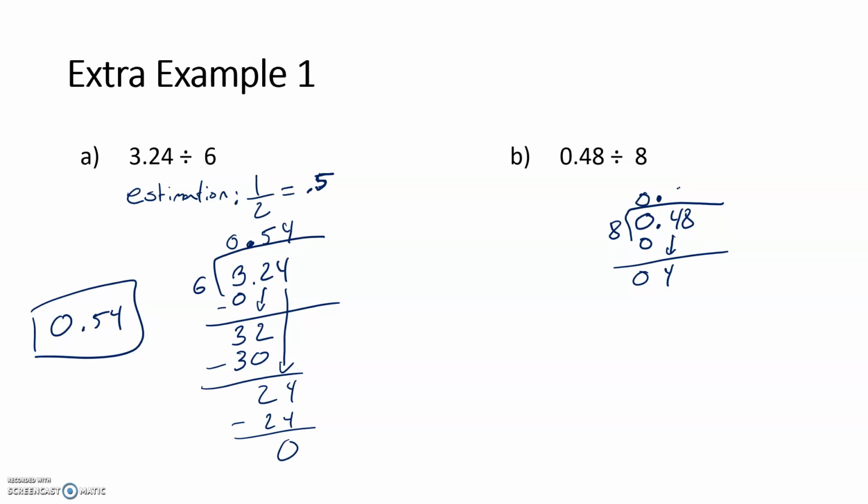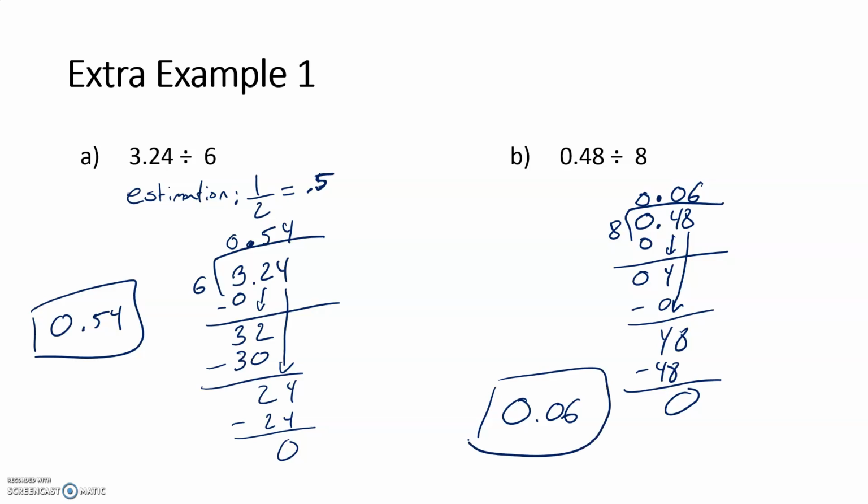All right, 8 goes into 4, 0 times. That's 0. 8 goes into 48 6 times. And so that is my answer, 6 hundredths, let's just say.